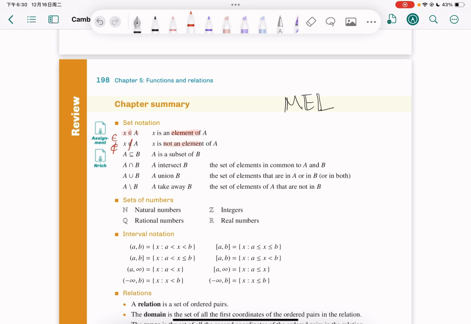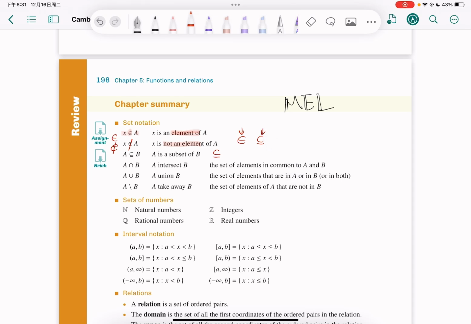Okay, if set A is a subset of B, then we do this. It's also kind of like a belonging symbol, but this one and this one are different, because this one is between element and set, but this one is between set and set.